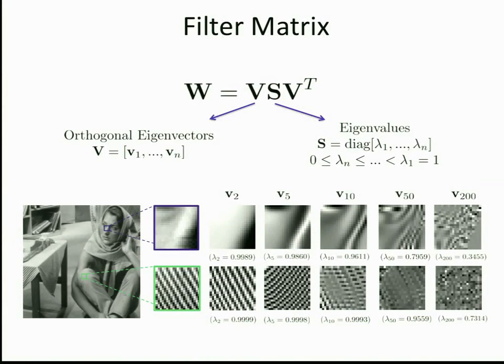I've taken a couple of patches of this image, and here are the patches themselves, and here are some of the eigenvectors up to order 200, and these are the respective eigenvalues shown here. So you could do filtering on this image, for example. You could remove some very high-frequency noise-like things by just deleting this eigenvector and retaining the top ones. And you could do many other kinds of filtering as well.